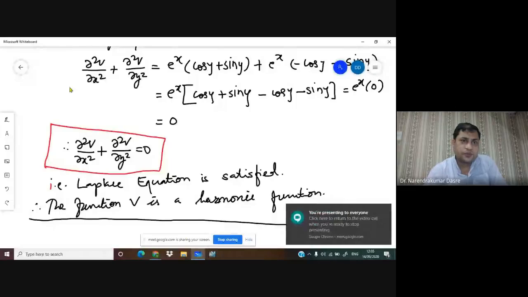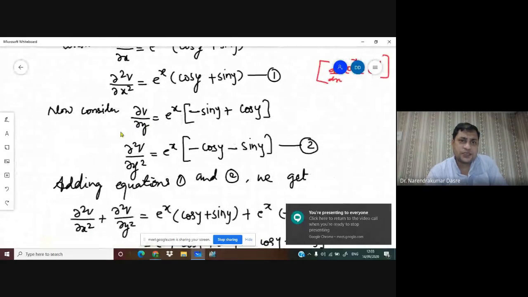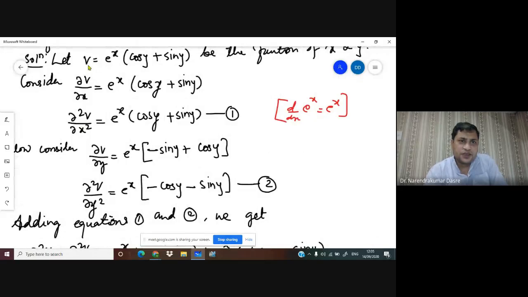It is del v by del y. Not d, because d means the total derivative; here we have the partial derivative. See, the function is v equals e raised to x into (cos y plus sin y), and we are finding its derivative with respect to y.